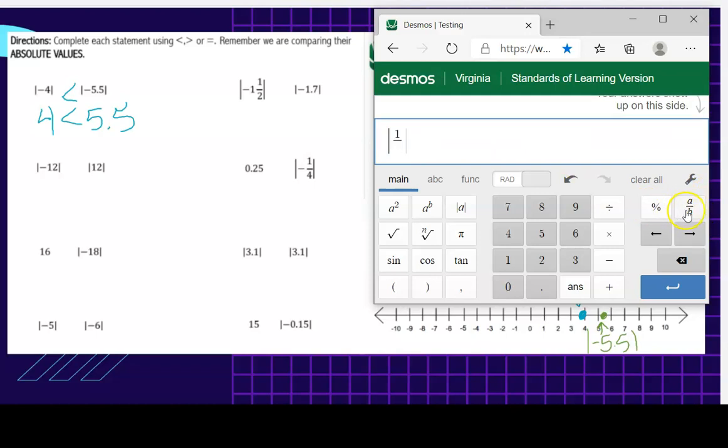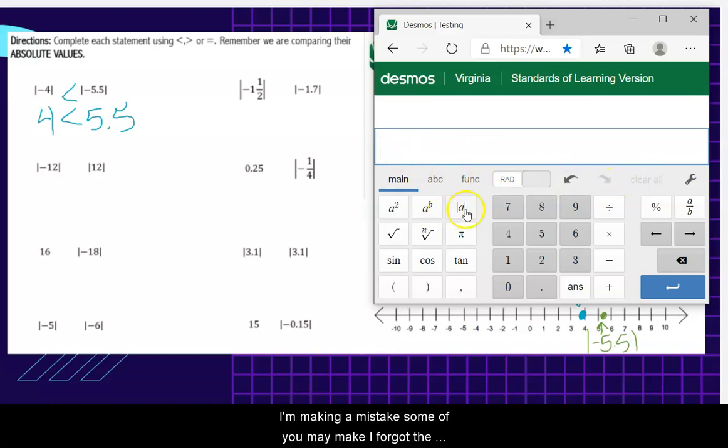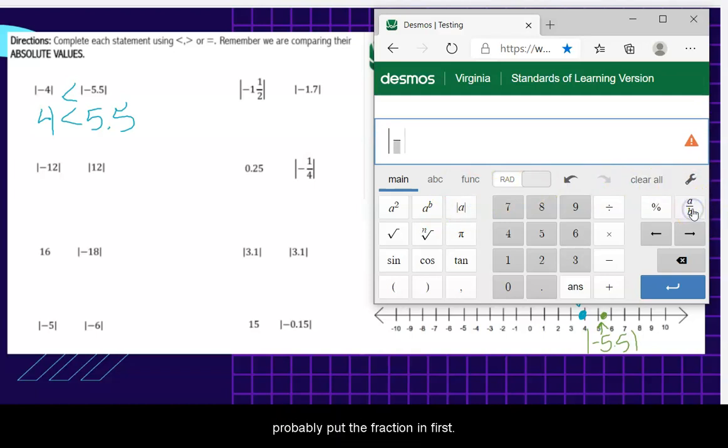Let me try this again. Actually, it's helpful. I'm making a mistake some of you may make. I forgot. The best way to do this when you're using a mouse is to probably put the fraction in first. So I'm going to go ahead and put in 1 over 2 for the 1/2, and I'm going to click my cursor to the left of the fraction, and then I'm going to put in my whole number.